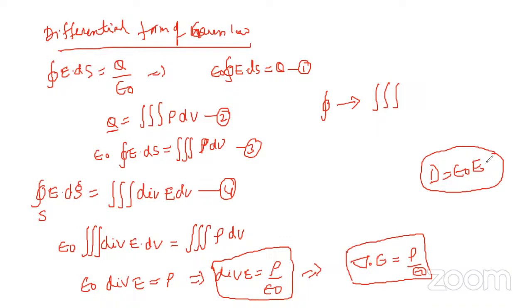After this, in electrostatics, we have applications of this Gauss law. We can find the electric field due to an infinite conducting sheet of charge, the electric field due to a uniformly charged sphere, and the electric field due to a charged cylinder.